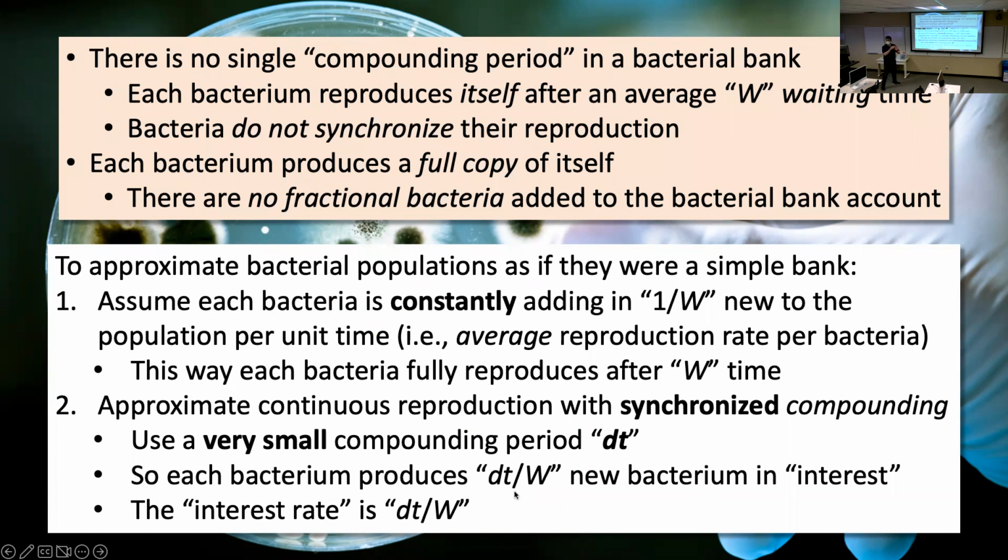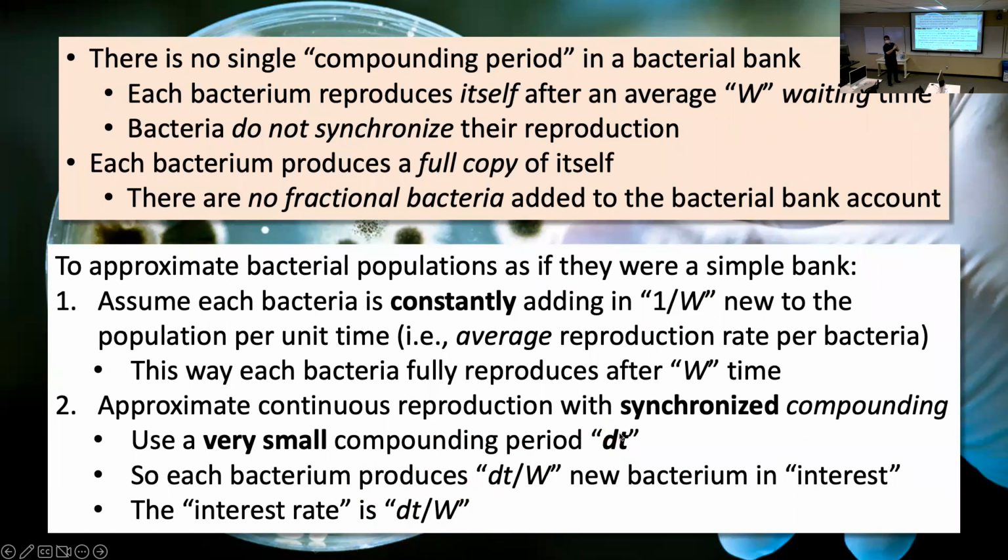What we're basically saying is every dt, we add, like interest, a little dt times this rate, 1 over W bacterium, to every bacterium. So the interest rate here is the length dt times the 1 over W flow. That's how we end up turning this into a bank model: every bacteria adds an average of dt over W new bacteria every dt time period.